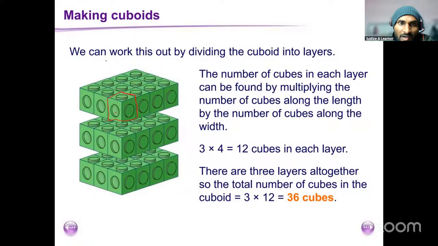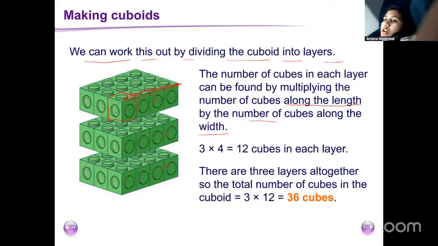Now see. It says we can work this out by dividing the cuboid into layers. So we have divided it into three layers, right? The number of cubes in each layer can be found by multiplying the number of cubes along the length, remember this point, by the number of cubes along the width. This side, is this length or width?